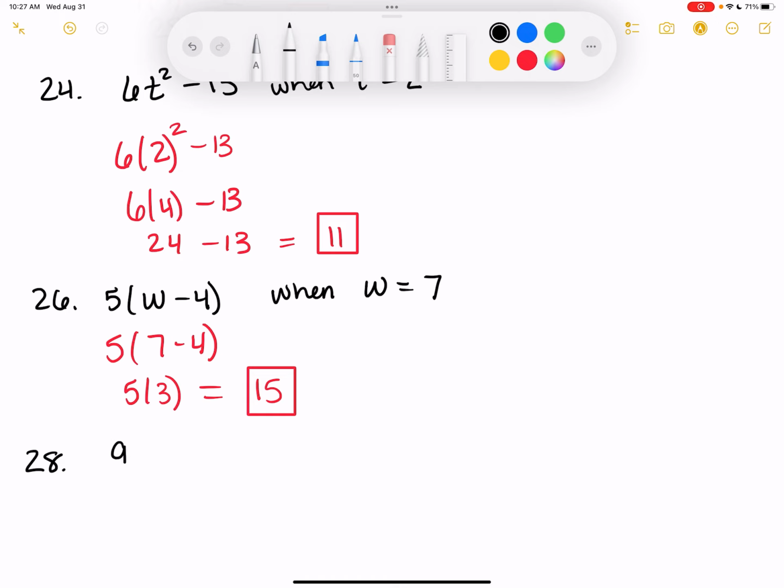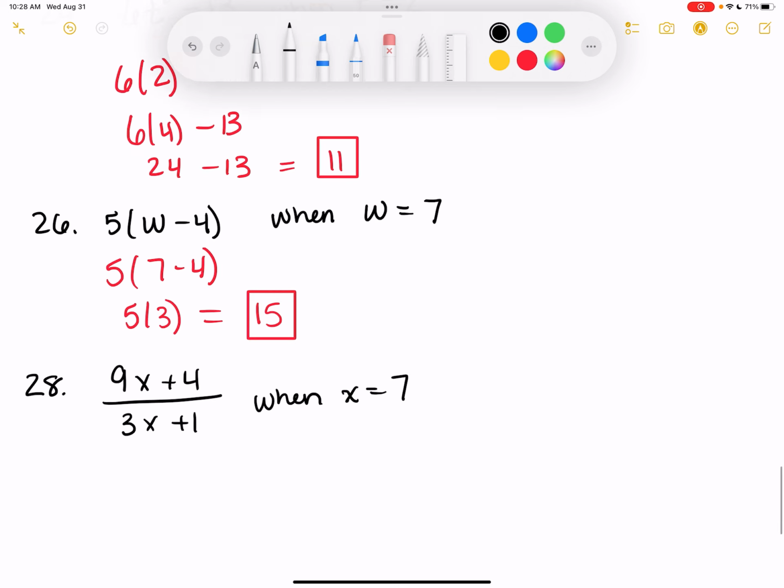Number 28: 9x plus 4 over 3x plus 1 when x is equal to 7. So I'm going to go ahead and plug in the 7. So that's 9 times 7 plus 4 over 3 times 7 plus 1.